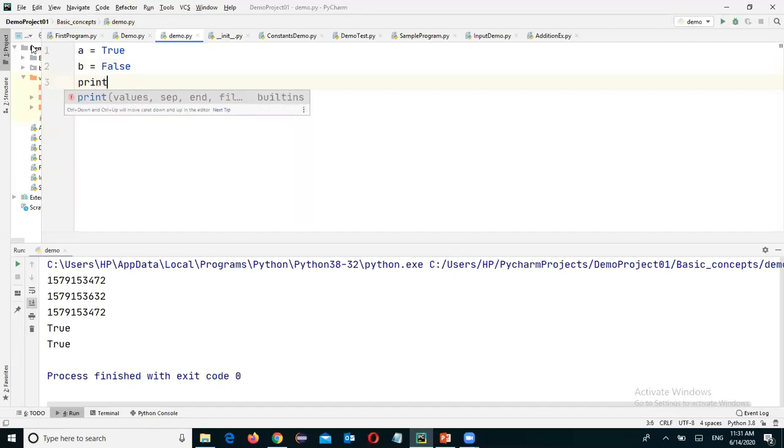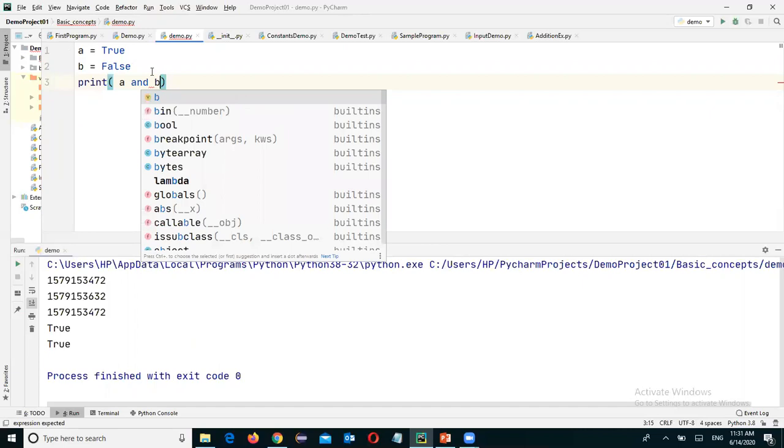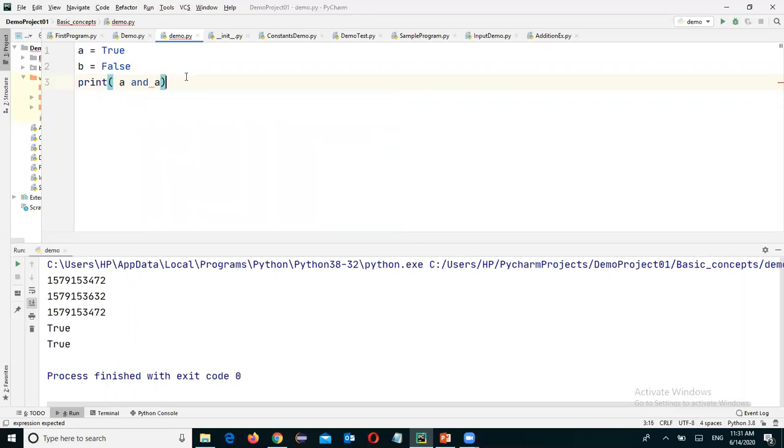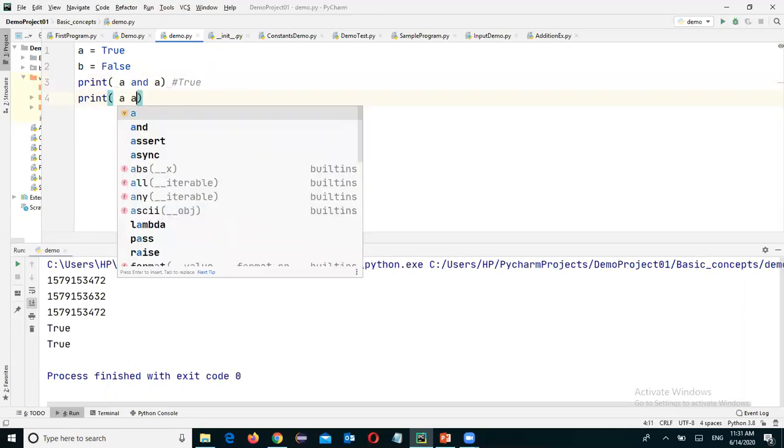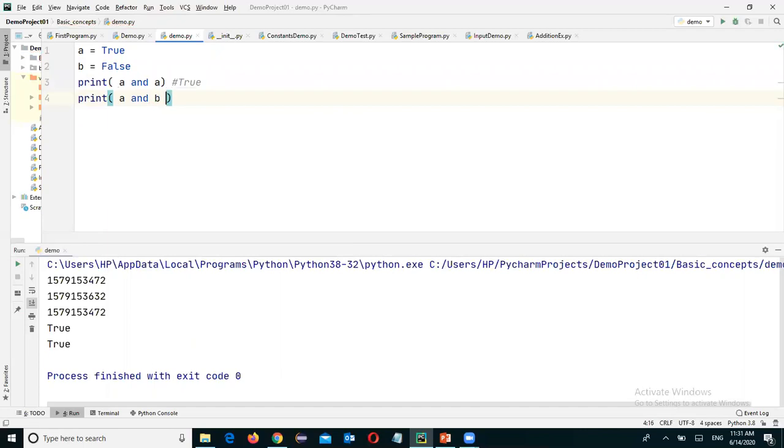Now print A and B. Both are true, then only it returns true for us. Print A and B: both are not true here, so what output do I need to get? False.